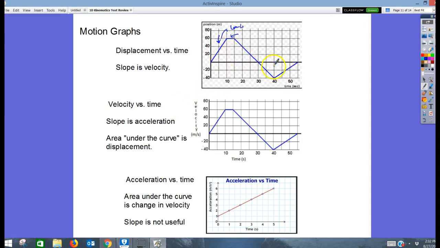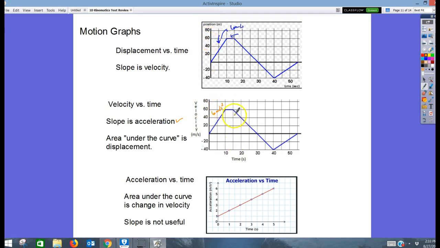The area under a displacement time graph does not have any meaning, so you'd never find the area under a displacement versus time graph. On a velocity versus time graph, the slope is acceleration, so just find the slope. In this case, it's the same numbers, and so the acceleration is 6 meters per second squared in that portion right there, because instead of the y units being meters, they're meters per second.